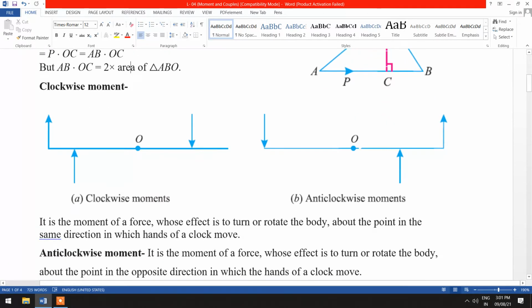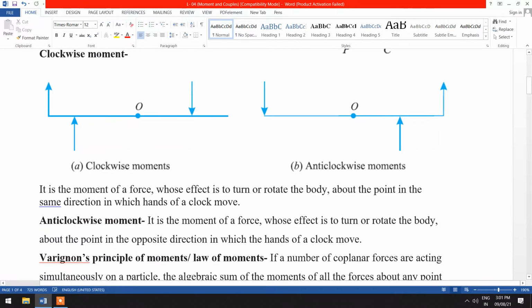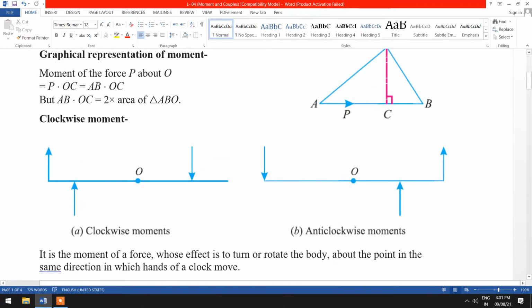Now we have to learn about the sign convention of the moment. In this figure we can observe that forces are acting at multiple ends, and we consider the moment about a point O where multiple forces are acting. With respect to the first force we can write P × OC, which will be in the clockwise direction, and according to the sign convention we take the clockwise direction as a positive sign.